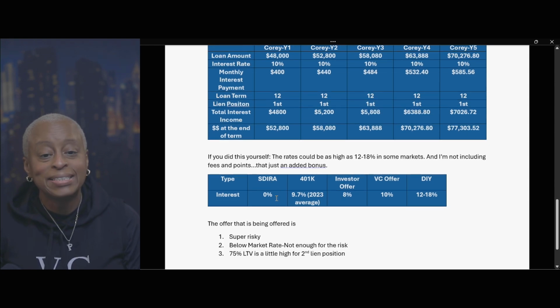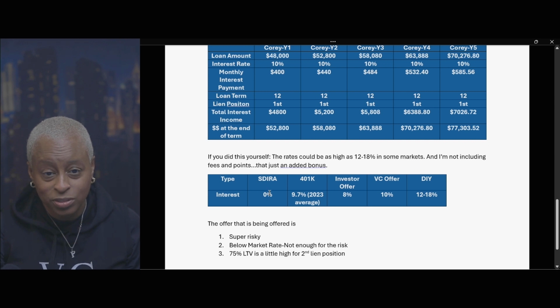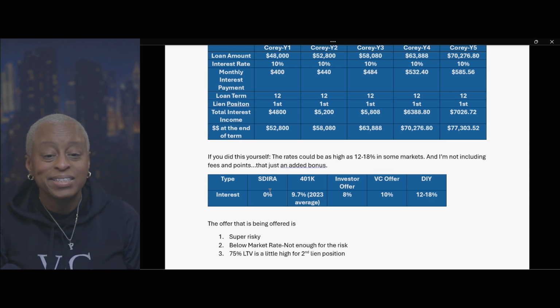So if your money is sitting in your self-directed retirement account, like the investor is pitching, that means you're not earning any interest, because with a self-directed account, you're the one controlling those investments. It's assuming that it's sitting in there. There's no interest. It's not tied to Wall Street or stocks and bonds. It's tied to whatever you put, right? So it's at 0%.